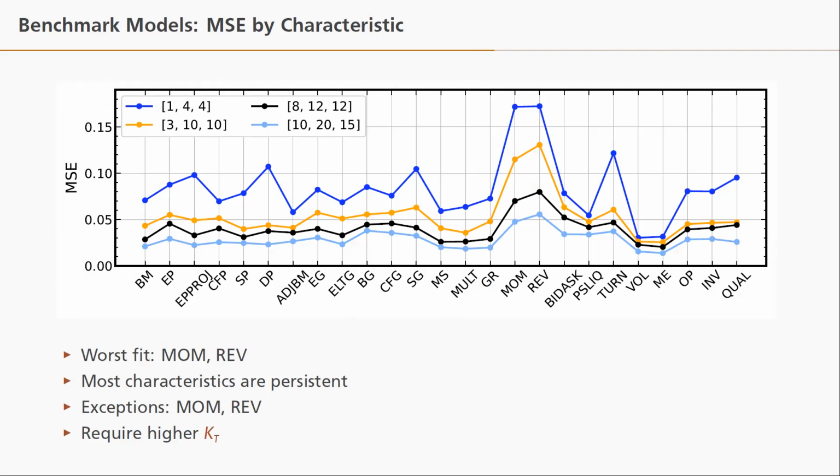And note that if you have very few time series observations, so if KT is very small, then you really do not fit momentum and reversal. So in order to fit these, you need a higher KT.